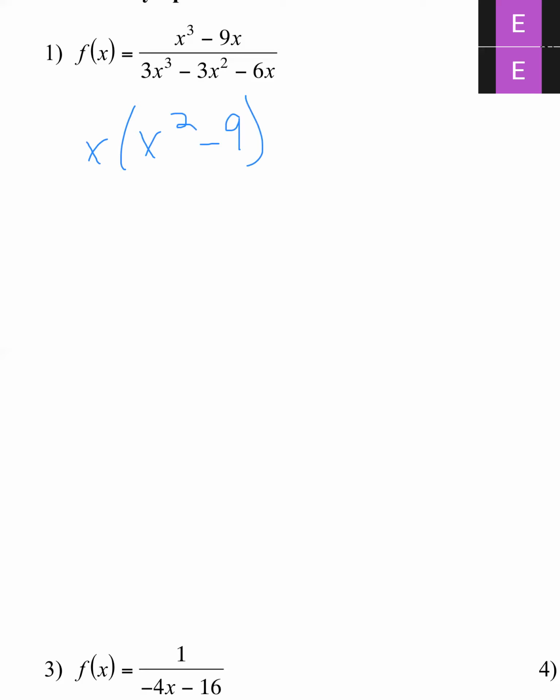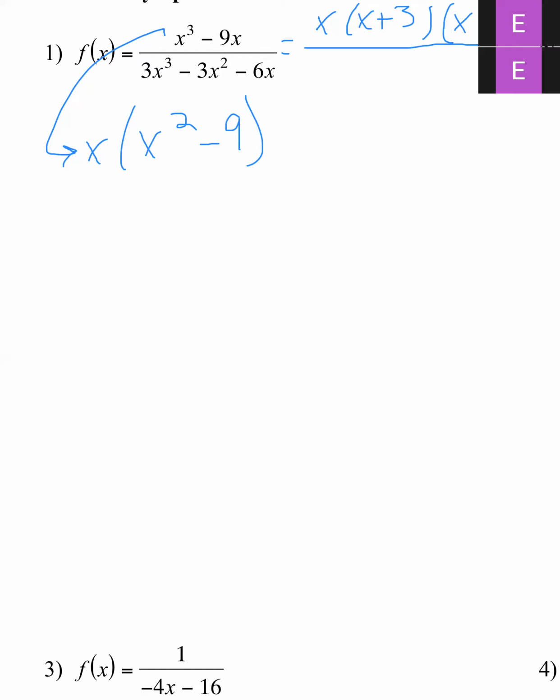But doesn't that factor some more? I could factor that again into x plus 3, x minus 3. So I'm going to write it here now that I have it nice. That factors into x times x plus 3 times x minus 3. There's my numerator completely factored.